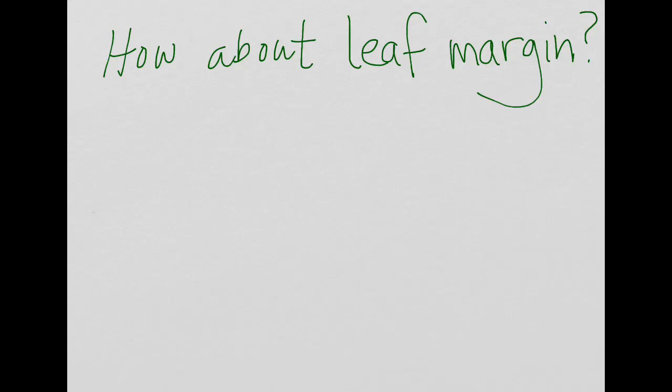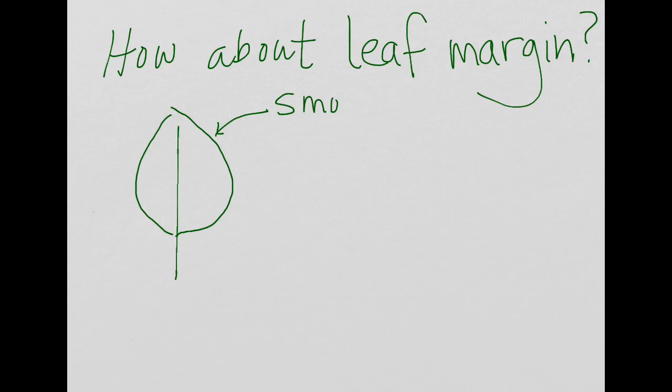As I just mentioned in the previous image, the margin of the leaf is actually the edge of the blade or the edge of the leaflet. So it's along here. And so a smooth leaf margin is also called entire. So if it's smooth, many times you hear it called entire, meaning that there are no cuts in it.